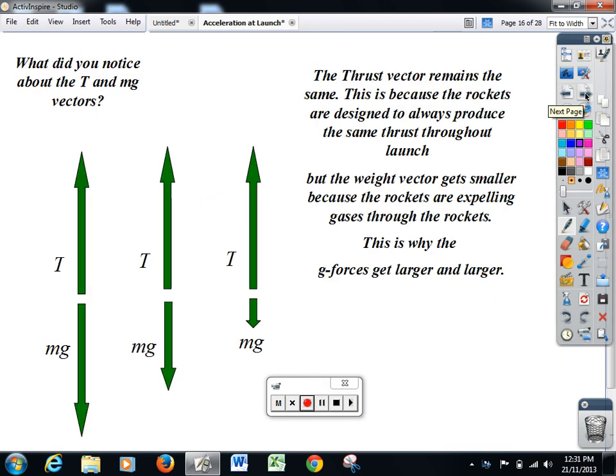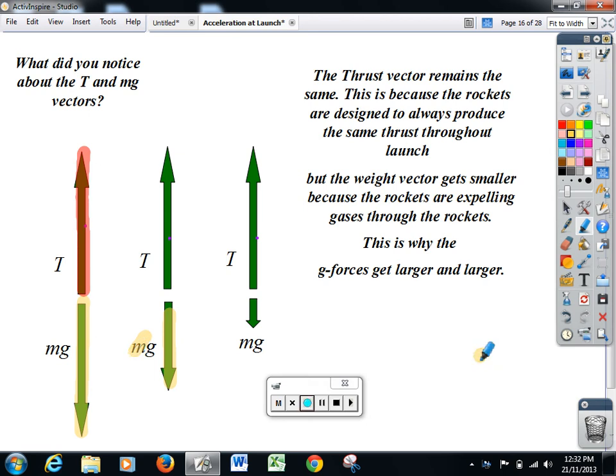Okay? So just to very quickly summarise, we start with the vectors on the rocket: the thrust vector is always constant. So these three vectors here always remain. But what does change is the weight vector. The weight of that rocket is quite sizable compared to the thrust vector, but this decreases because m decreases.